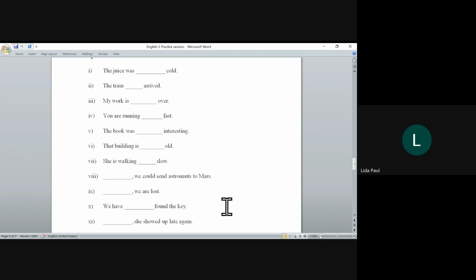The book was dash interesting. Very. Something other than very. So. The book is so interesting. Then the book is quite interesting, right? These are all again degree adverbs. Okay. What would be the next one? That building is dash old.